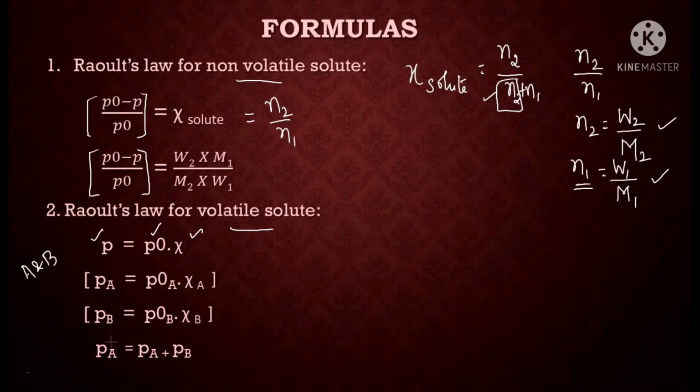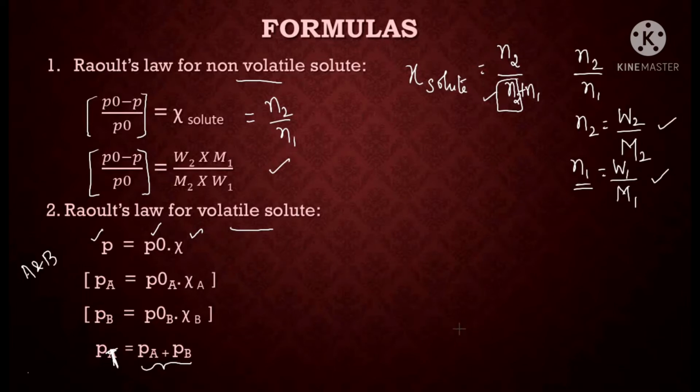Okay, likewise for B. If you want to calculate the total vapor pressure of the solution, then we can sum up these two partial vapor pressures. PT is equal to PA plus PB. Understood, students? So these are the two formulas. Here this is one formula and this is another formula.